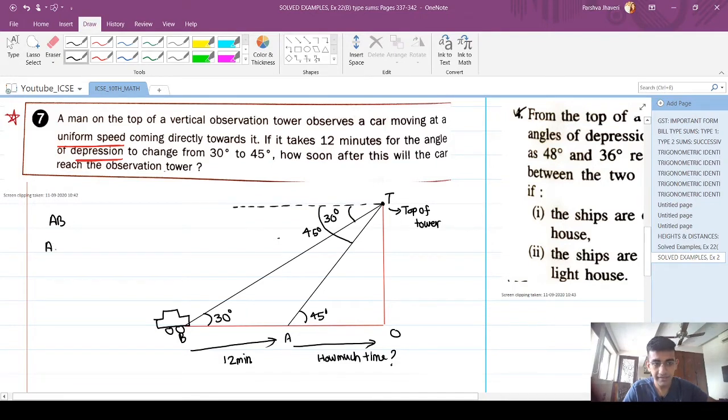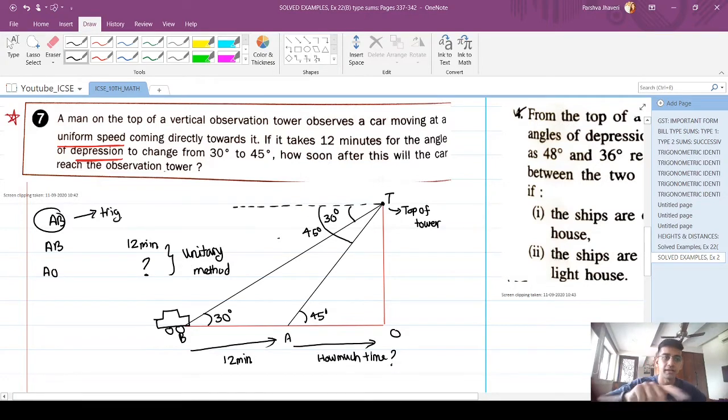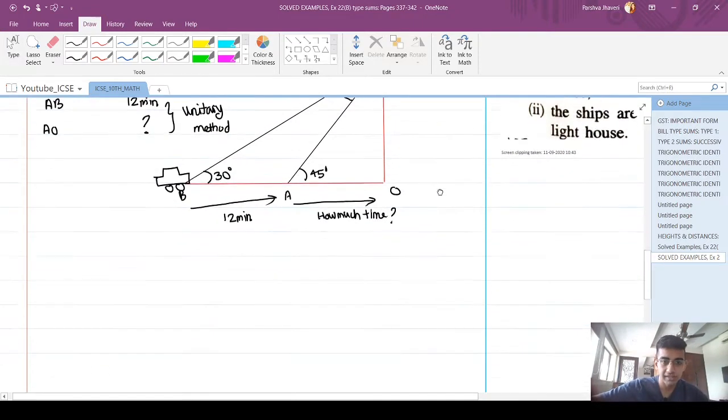Then I will say if AB took 12 minutes, then how much time does AO take? This will be the unitary method part of our sum. So this is my general strategy. Now, in order to find AB, we will have to use our trigonometry. Okay, so this is how we will do it.